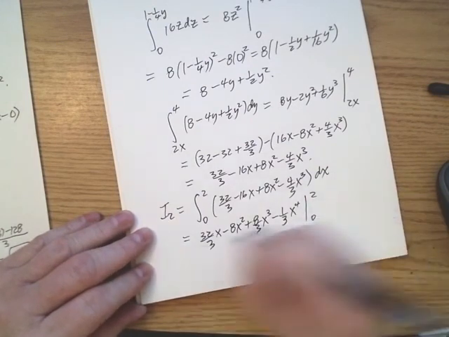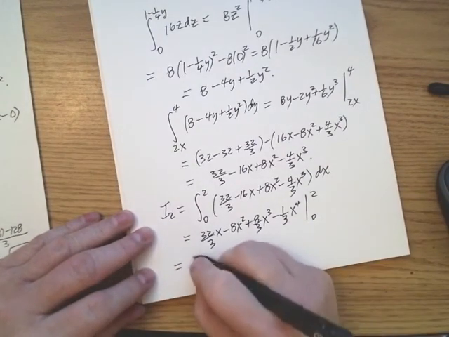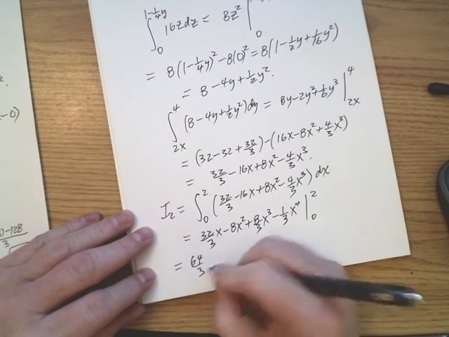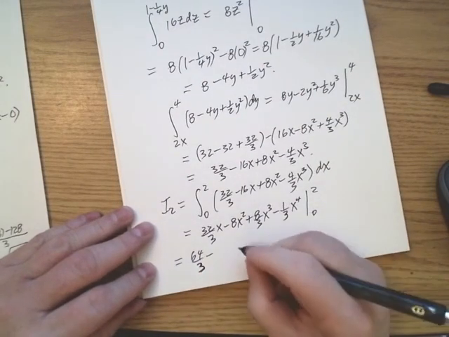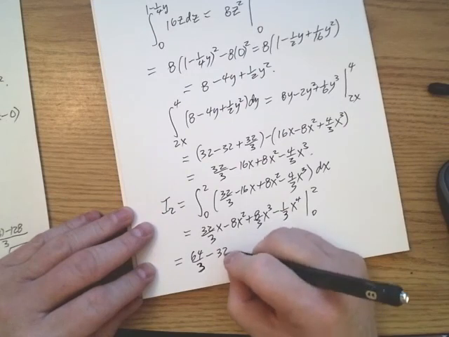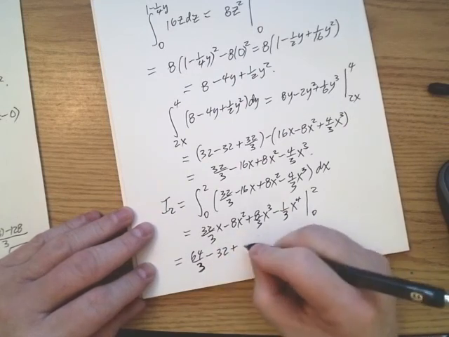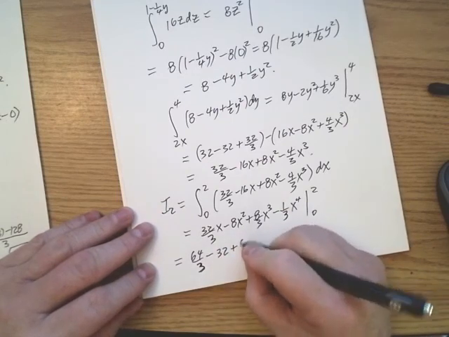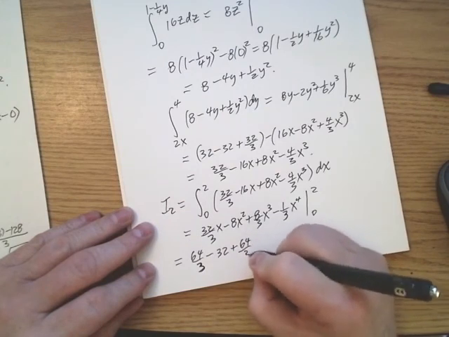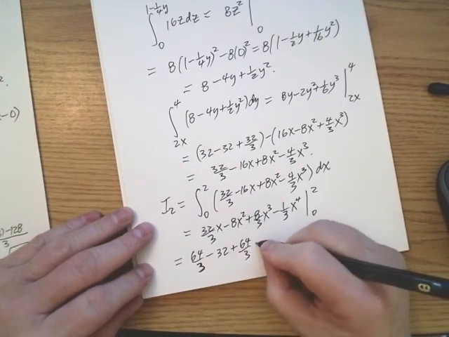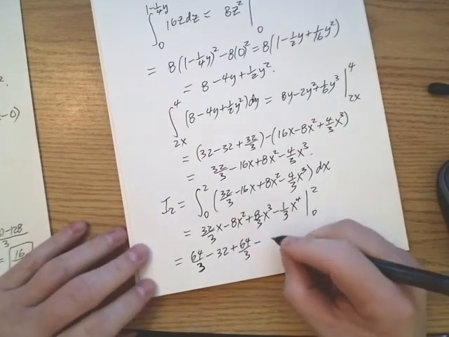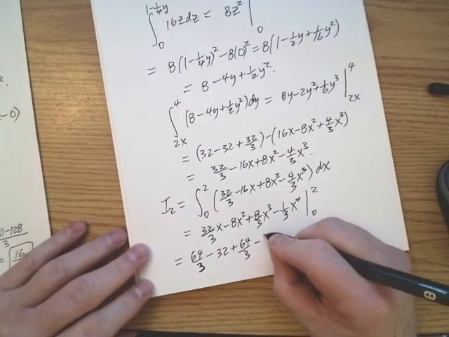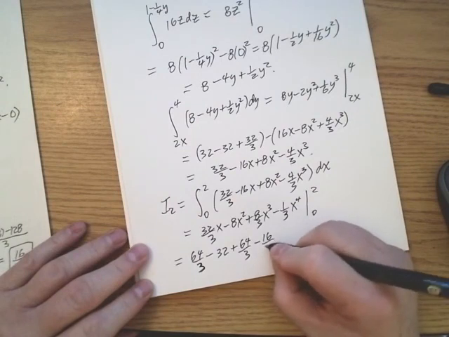This at 0 is 0, so I'll just stick this in here. 64/3 minus 32 plus 64/3 minus 16/3.